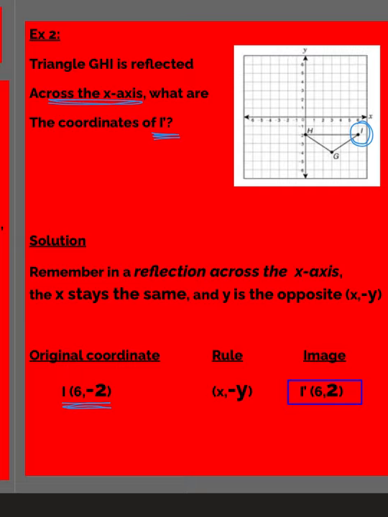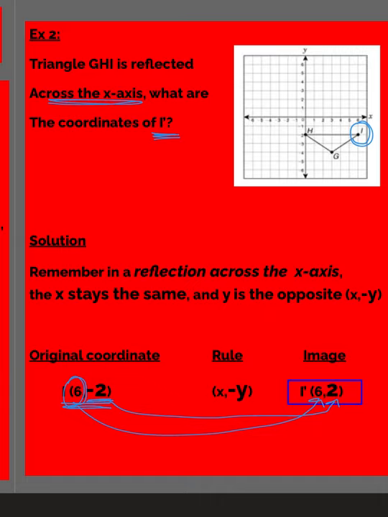Now, since we're reflecting over the x-axis, the x will stay the same. So you see here, I kept the x coordinate as 6, and the y coordinate of -2 is going to become the opposite and turn into a +2. So your image point I prime is 6, +2.